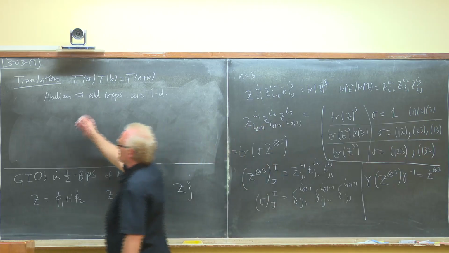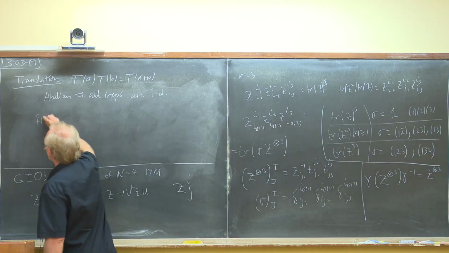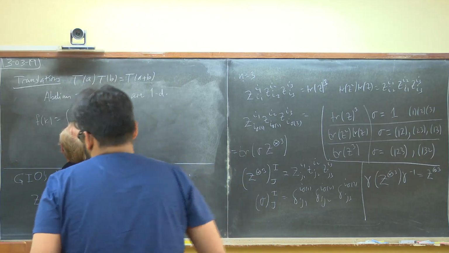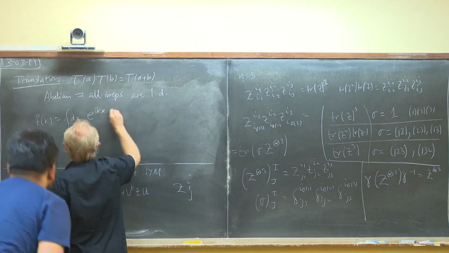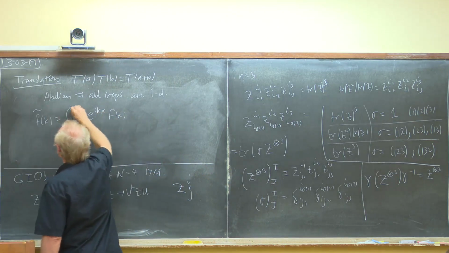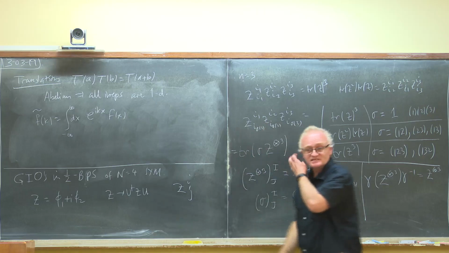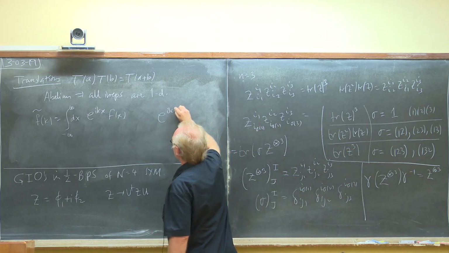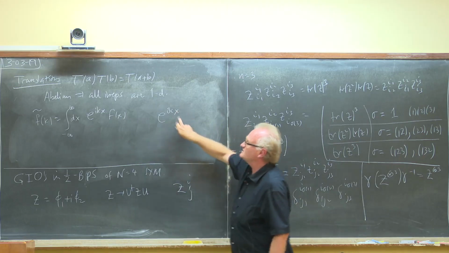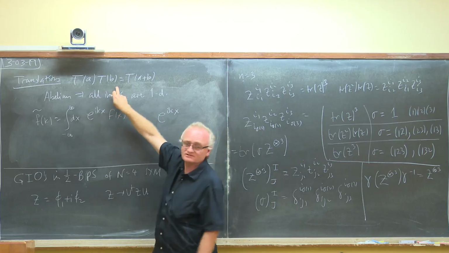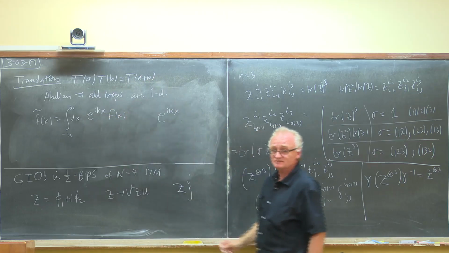If we take the usual Fourier transform, f tilde of k equals the integral dx, e to the i k x, f of x, from minus infinity to infinity, I want you to think about this as follows. If we look at e to the i k x, this gives us a representation of the group law: e to the i k a times e to the i k b is e to the i k (a plus b).